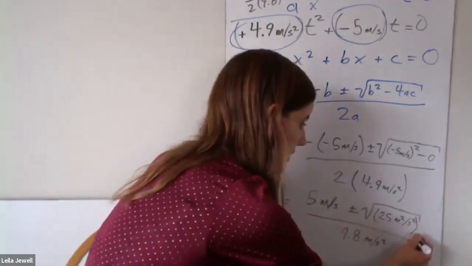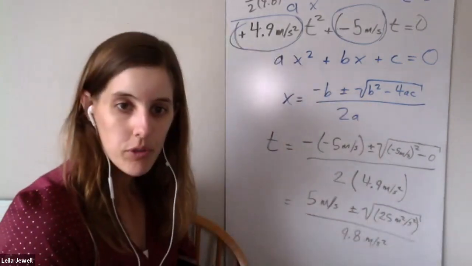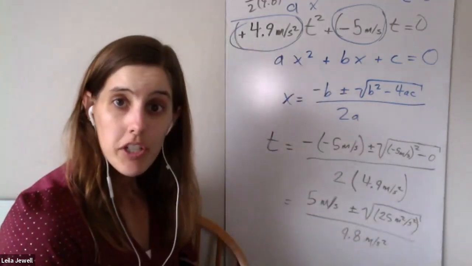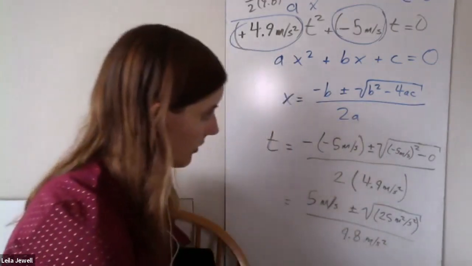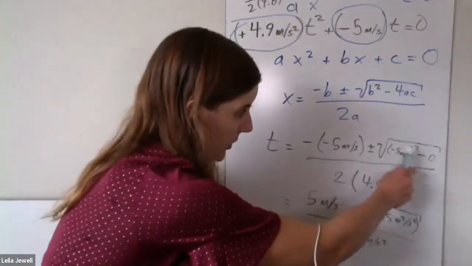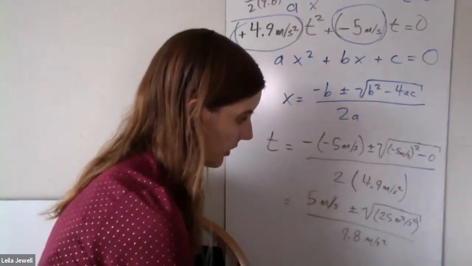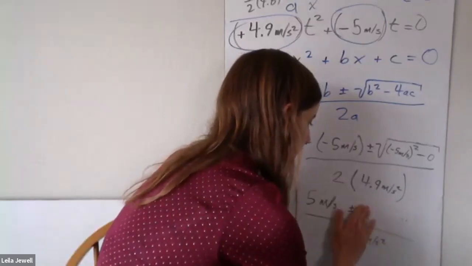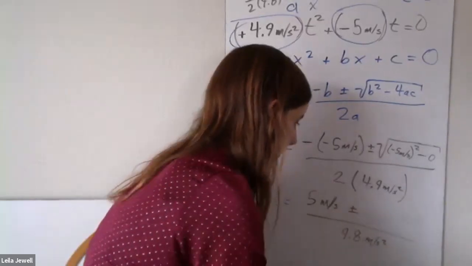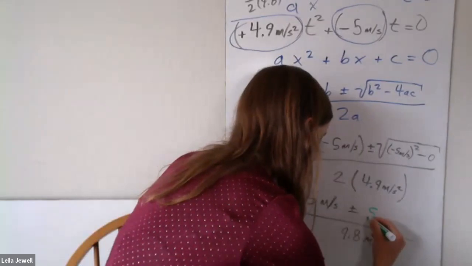All right, and notice in the square root, what's my square root of 25? That's just going to be 5. Or since it was 0, we could have just done the square root canceling the square. So this is just going to be 5 meters per second, plus or minus 5 meters per second.